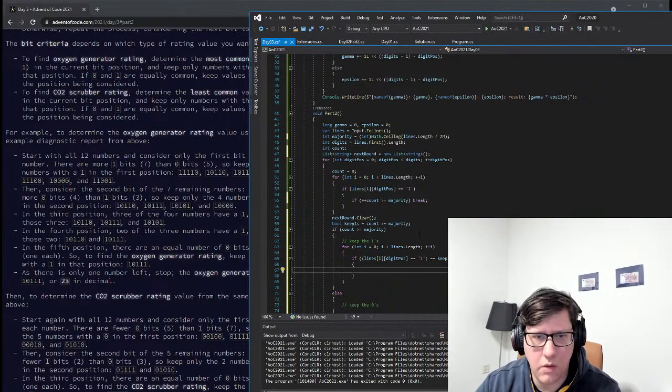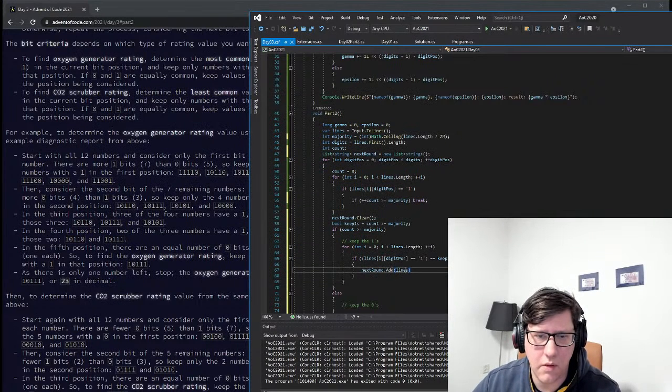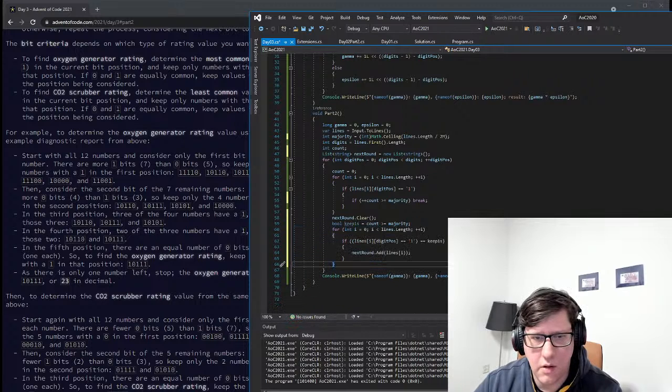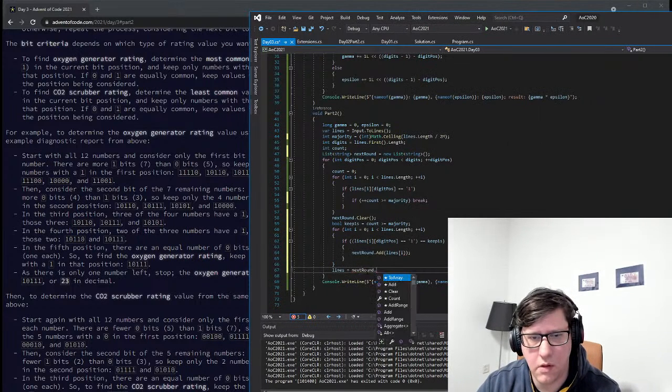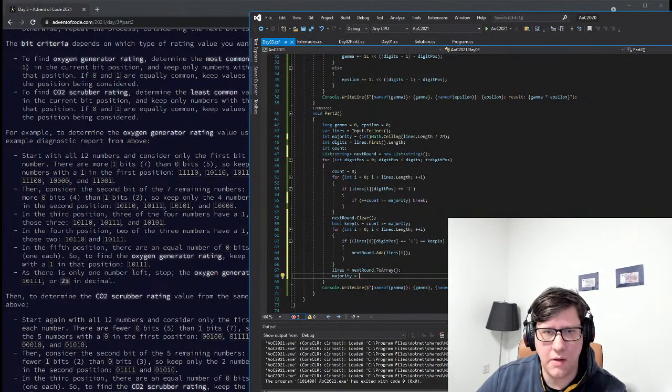And then we can do next round add line. Let's remove this window. Lines I. So we can do this outside of the loop actually. And then we can do lines equals next round. Okay. To array. Majority, we also update this.